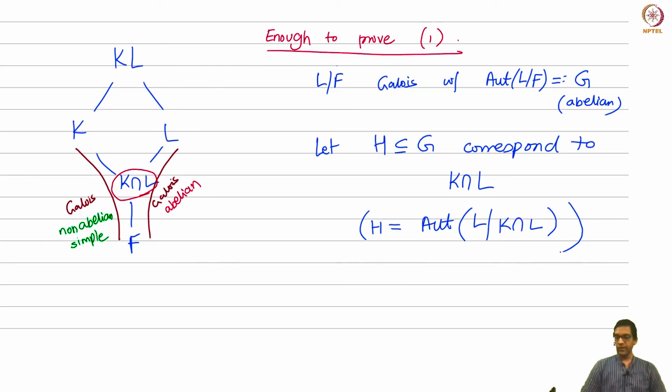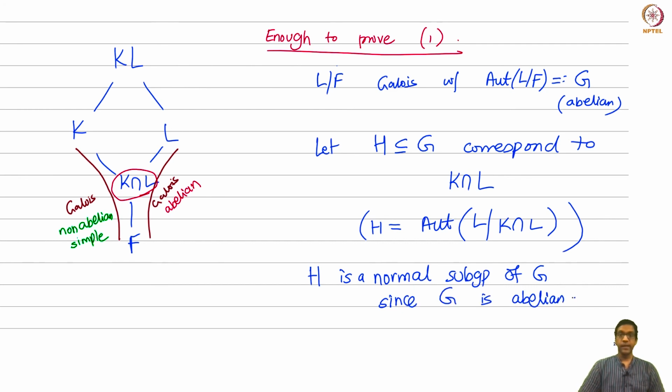Okay, now the key point here is that G is an abelian group and H is a subgroup, therefore H is automatically normal. H is a normal subgroup of G since G is abelian. And the fundamental theorem of Galois theory had something to say about this. If you have a normal subgroup, then it says that the extension here is also Galois.